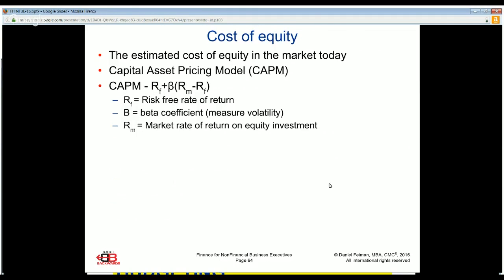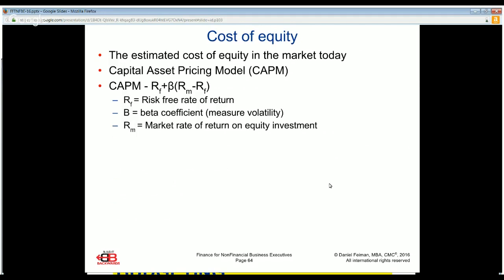That really refers to what our shareholders expect in an annual return. If an investor buys shares in our company, what return do they expect each year on the capital they invest? The basic approach is to take what's called the Capital Asset Pricing Model, or CAPM.